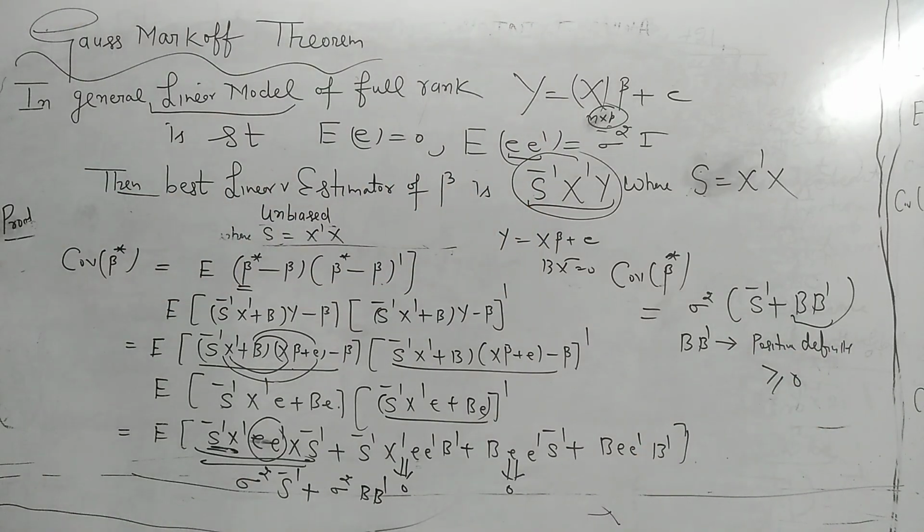So what can we do? The only thing we can do to make the variance minimum is to make this thing equal to 0. We can put its diagonal elements equal to 0. So this will be 0.